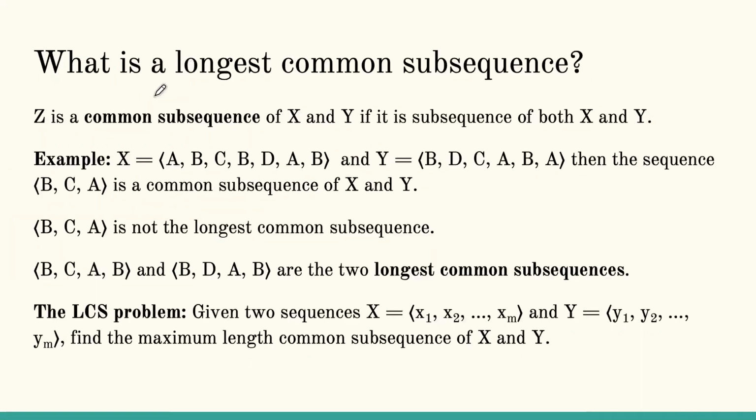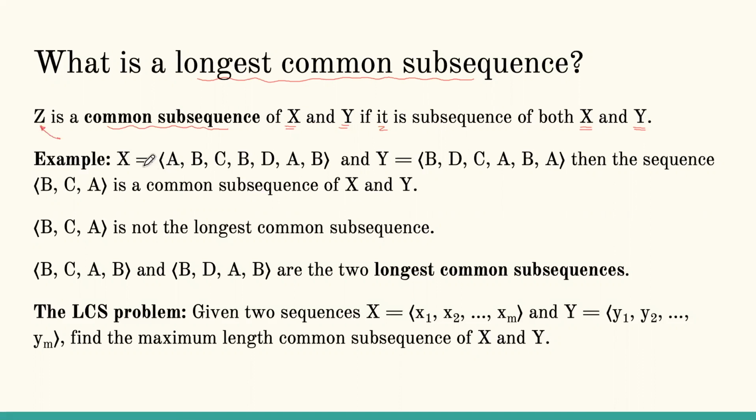Next, let us see what a common subsequence is and also what a longest common subsequence is. We say that Z is a common subsequence of two sequences X and Y if Z is a subsequence of X and it is a subsequence of Y as well. Here's an example.